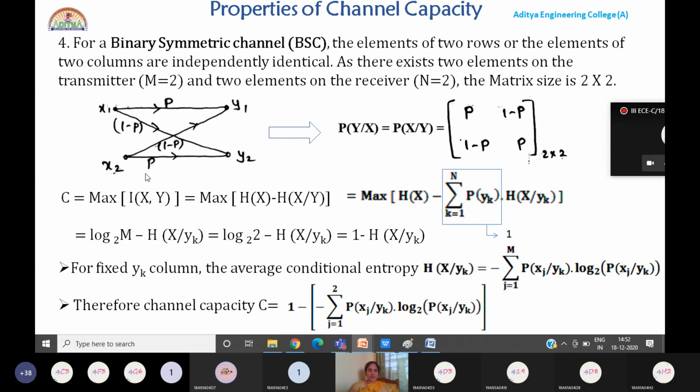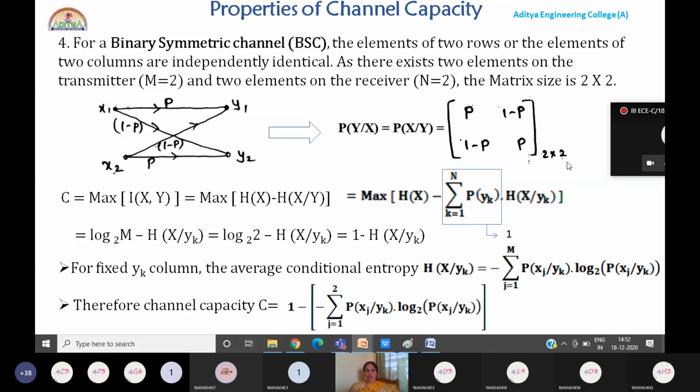And X2 Y2 is P. So X1 reaching Y1 is P, and X1 reaching Y2 is 1 minus P. And here you can see X2 reaching Y1 is 1 minus P probability, so I have written it here. And this is the X2 Y2 element, so X2 reaching Y2 is P. So that's how we represent the corresponding elements in the conditional probability matrix.